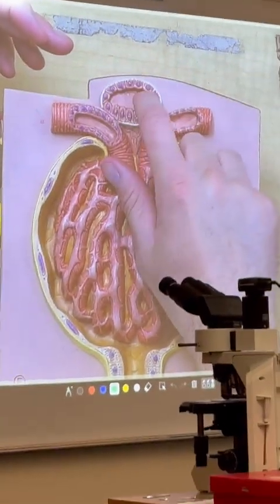That distal convoluted tubule has to pass through the glomerulus because of this thing called the juxtaglomerular apparatus. There's a couple of aspects to that.